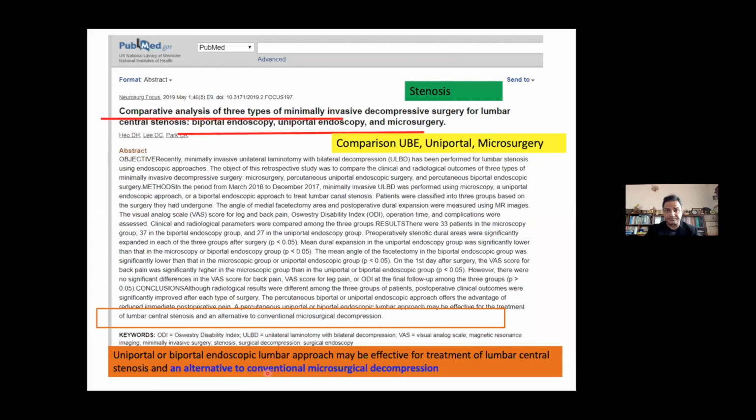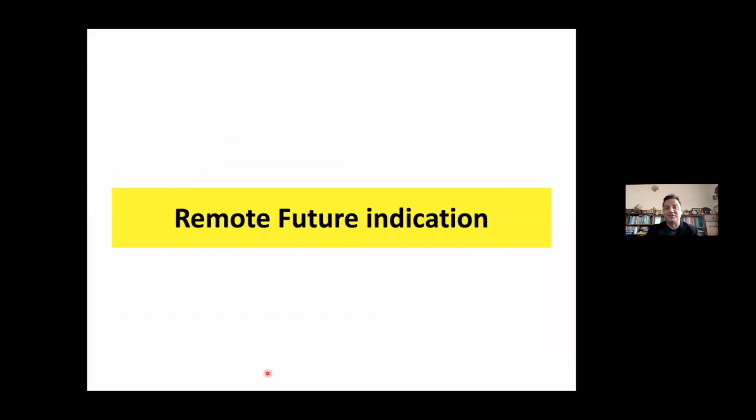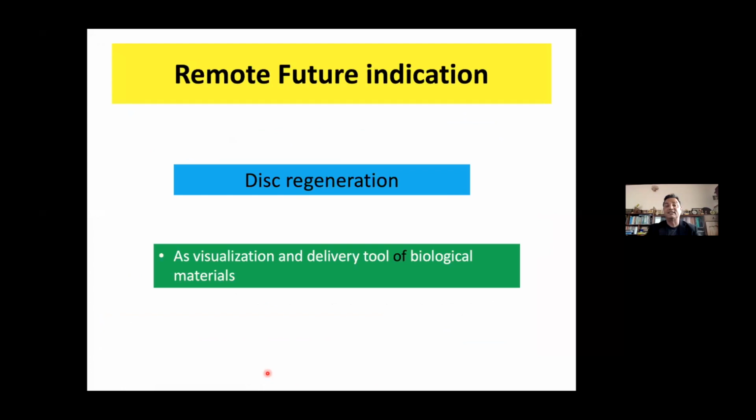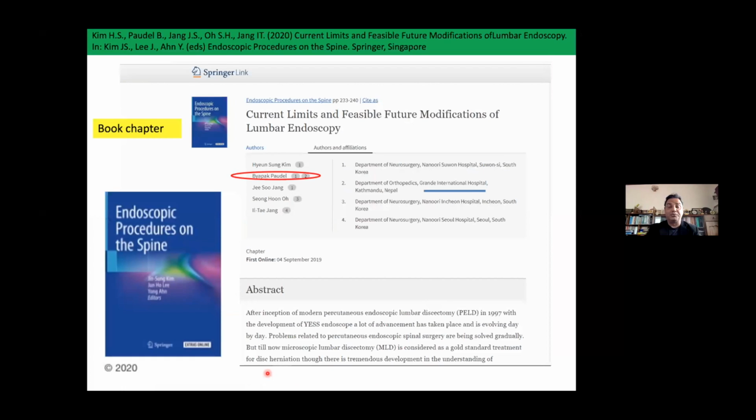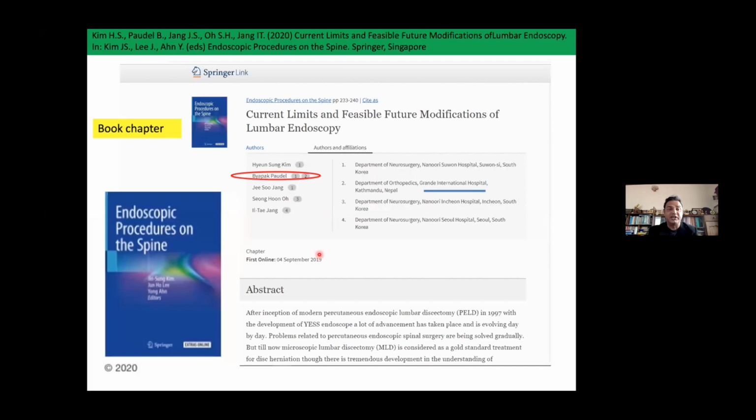A remote future indication for endoscopic surgery is use in disc regeneration, as a visualization and delivery tool for biological materials. More information can be found in this book, Endoscopic Procedures in the Spine. We also have one chapter here.